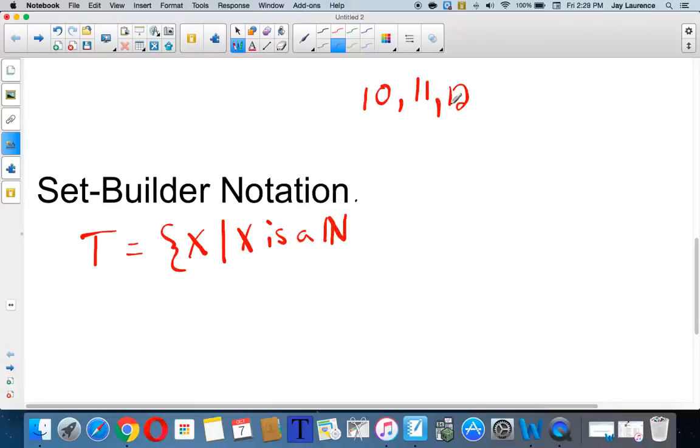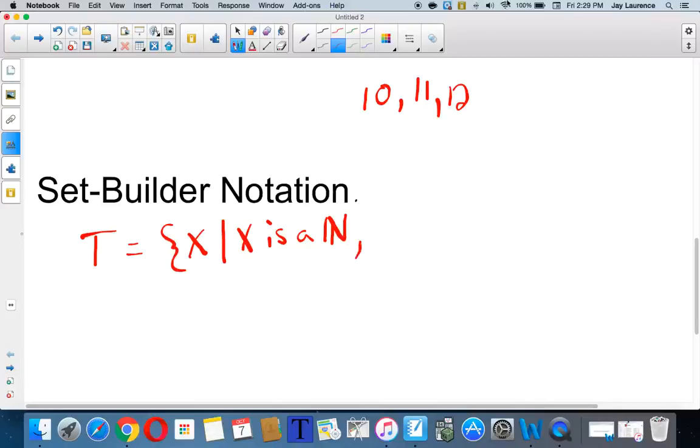And some people might say, well, they are integers too. Yes, but I want to be as specific as possible. There are no other integers here other than the positive integers. The best way to describe the positive integers, the smallest subset, is the natural numbers. So, the set of x such that x is a natural number, where, the comma is read as where.